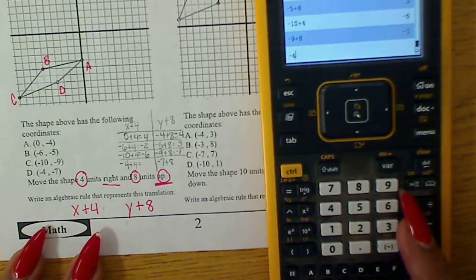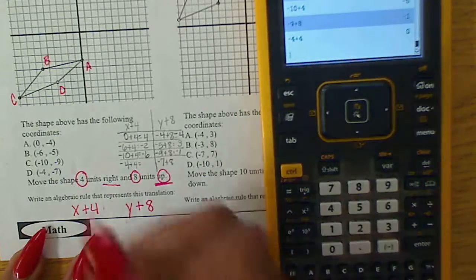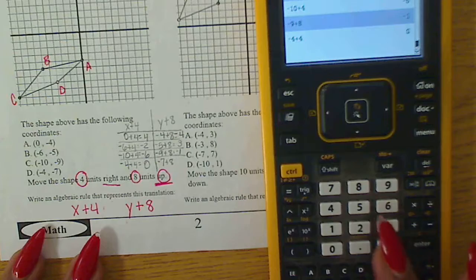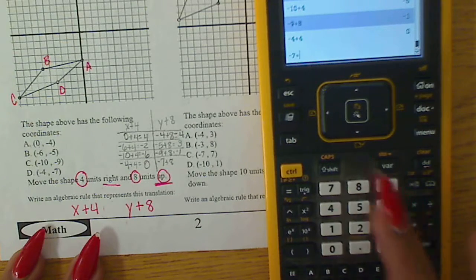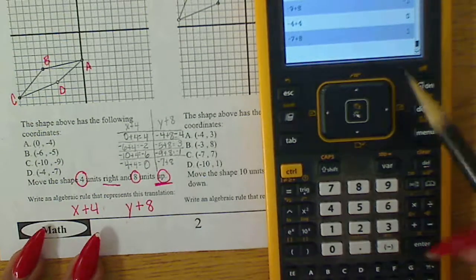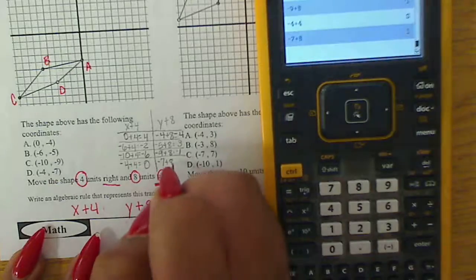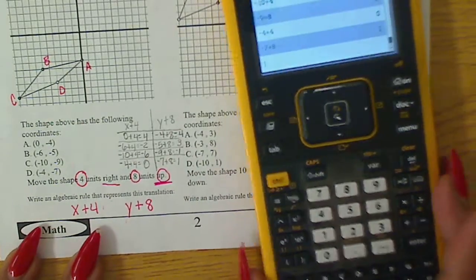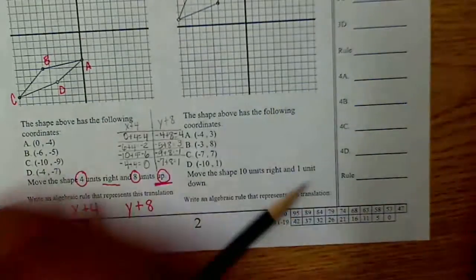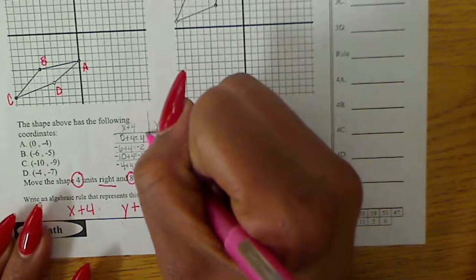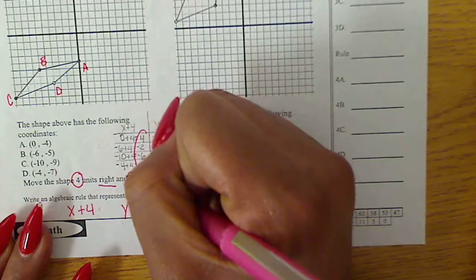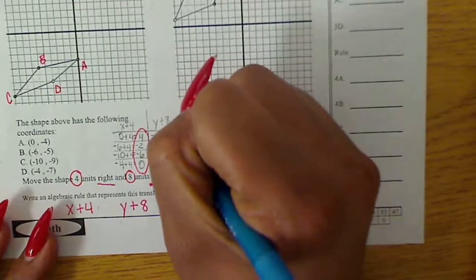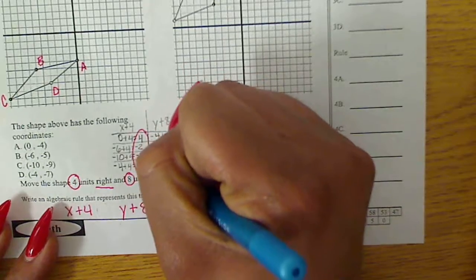Negative 4 plus 4 is 0. And negative 7 plus 8 is 1. So these are my new x values, and these are my new y values.